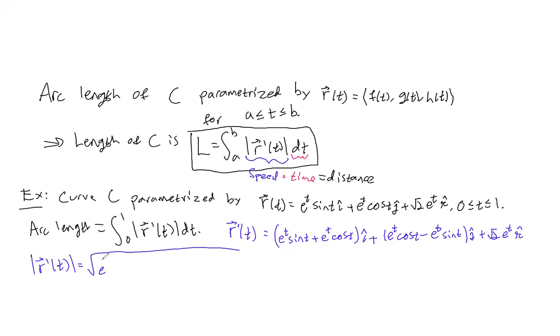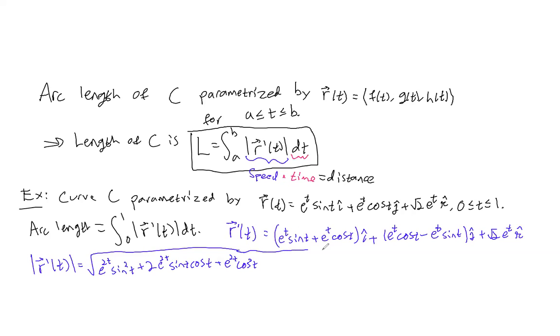It's going to be e to the 2t sine squared t plus 2e to the 2t, because it's still e to the 2t, so e to the t times e to the t, 2e to the 2t sine t cosine t plus e to the 2t cosine squared t.